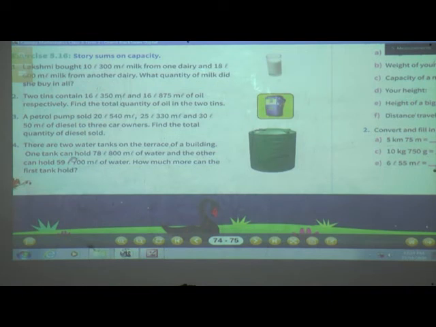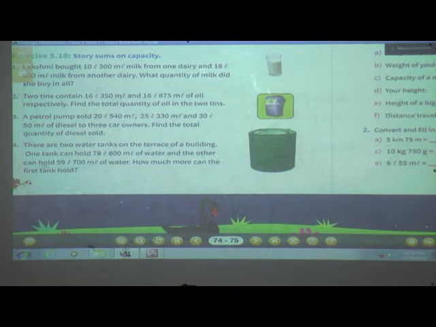Then see this fourth one. There are 2 water tanks on the terrace of a building. One tank can hold 78 liter 800 ml of water and the other can hold 59 liter 700 milliliter of water. How much more can the first tank hold?